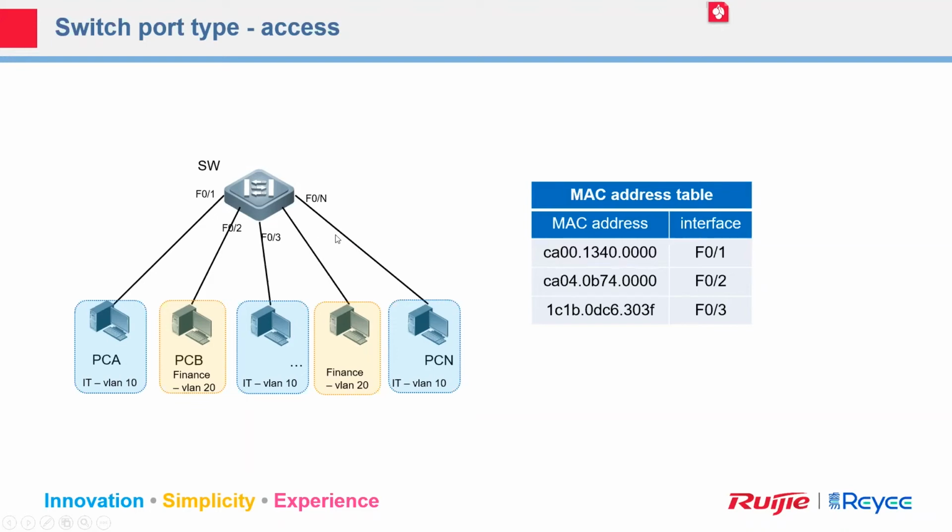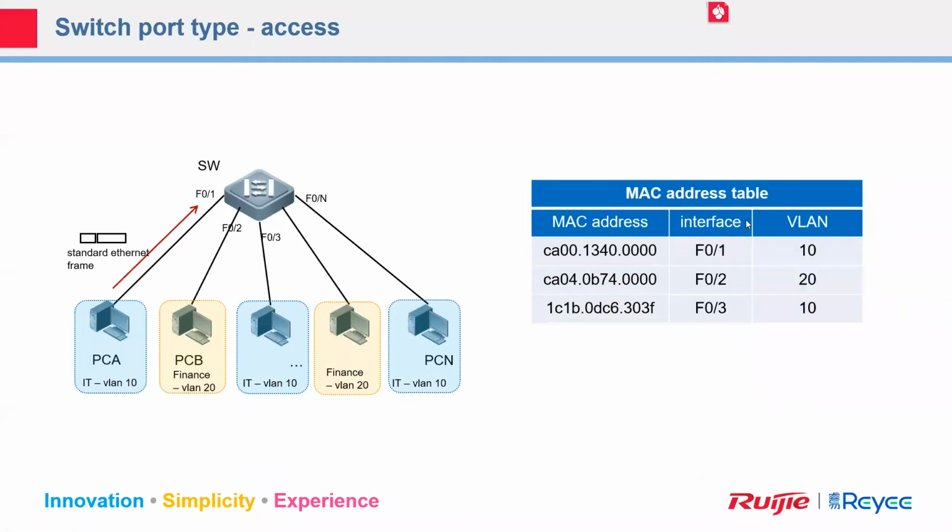But if you add the VLAN, the switch forwarding the traffic not only considers the MAC address, we also have to consider the VLAN. If the PC sends out the standard Ethernet frame, that means without VLAN information, and on the switch, this interface we assign to become VLAN 10, interface 2 becomes VLAN 20, and interface 3 is VLAN 10.